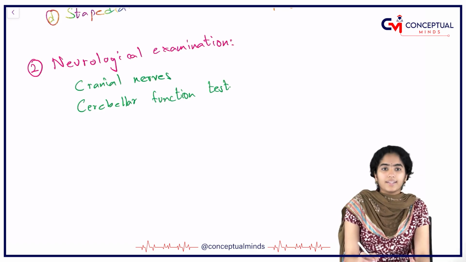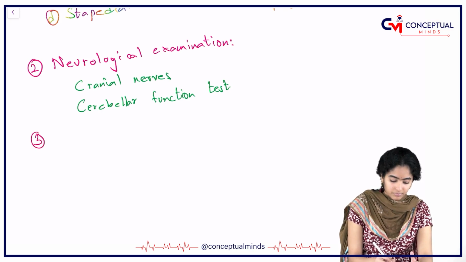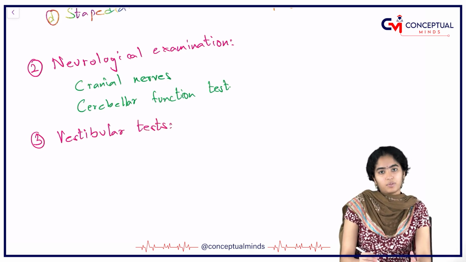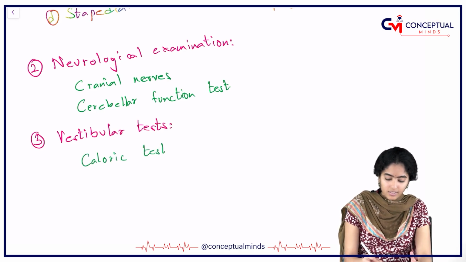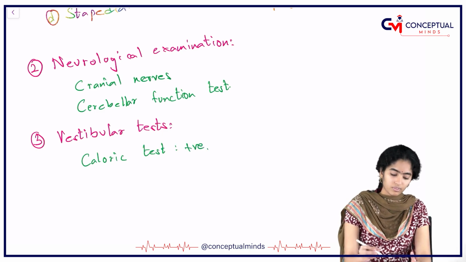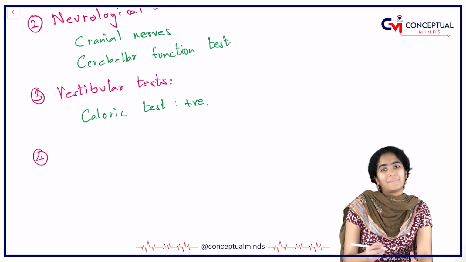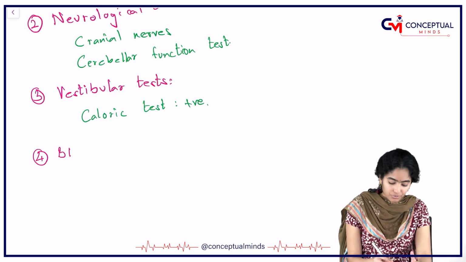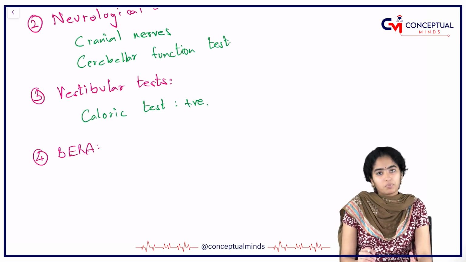Okay. Then, vestibular tests are done. In vestibular tests, the caloric test is usually positive. Then, BERA is also done as a part of audiological investigations, brainstem evoked response assessment.